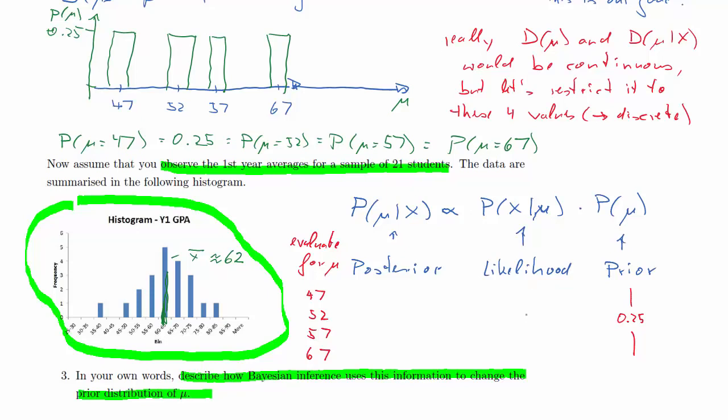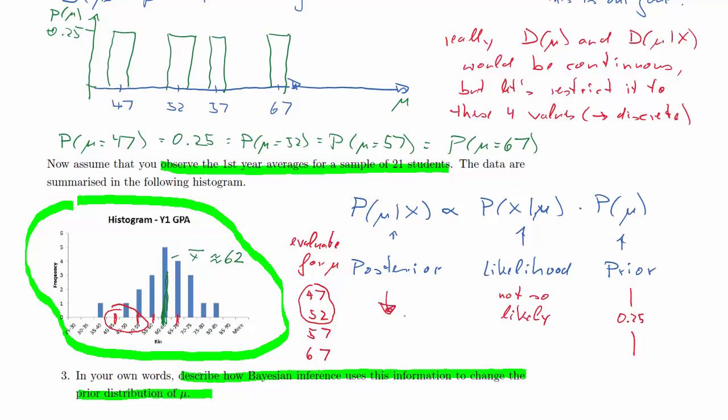So let's look at the likelihood here. Let's start with the value of 47, which is about here. And let's actually show where all the four possible values are. Now these two values, 47 and 52, it seems to be quite unlikely that if the real mean was any of these, we would see the data which we see.